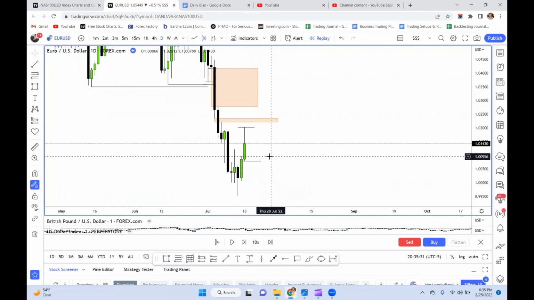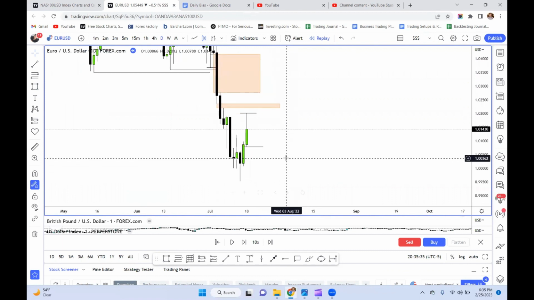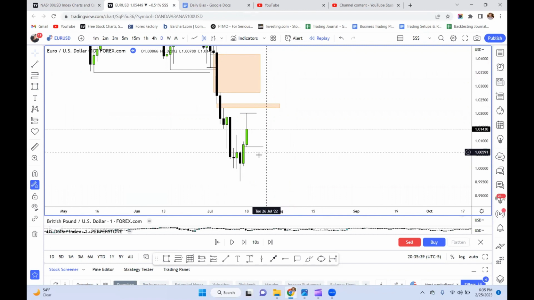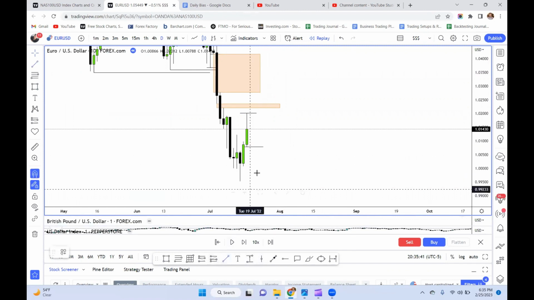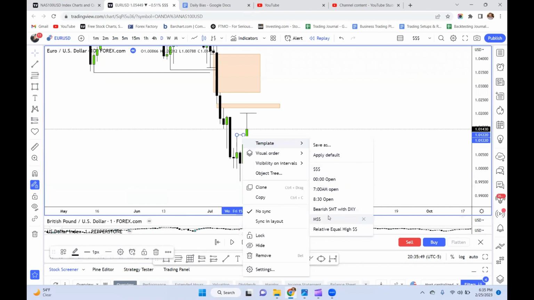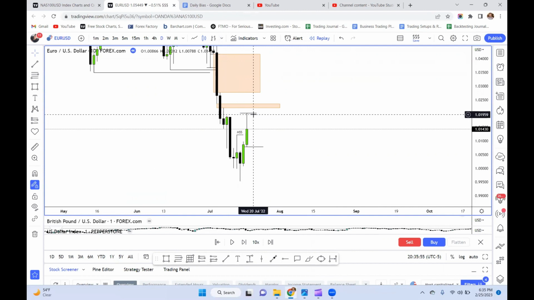So right now, what phase is price in? Price is actually in a reversal phase. Why is it in a reversal, you might ask? Well, according to ICT's 2022 model, this right here is actually a market structure shift. So price market structure shifted, it is in a reversal phase.